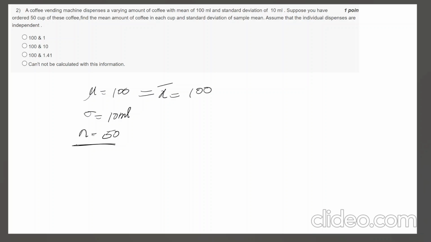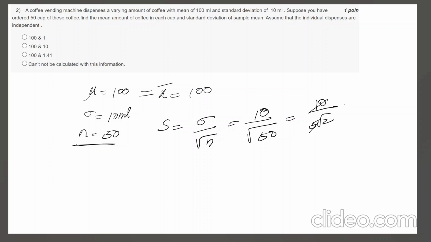Then to calculate the standard deviation of the sample, it is sigma divided by root n, which is 10 divided by root 50, which is 5 root 2, which is 1.414.